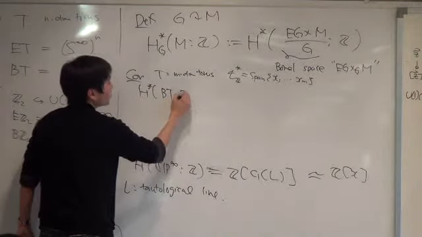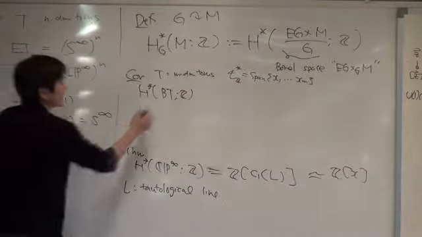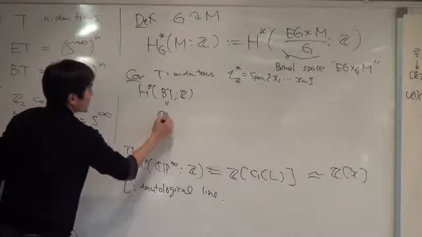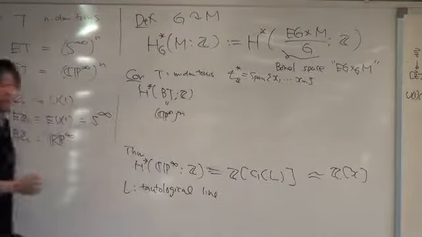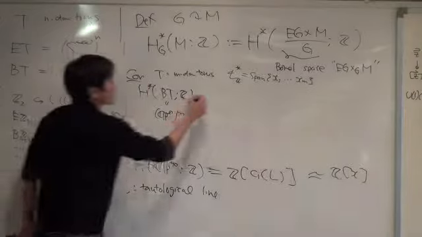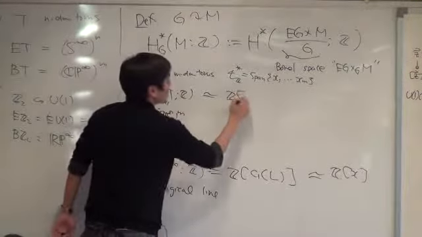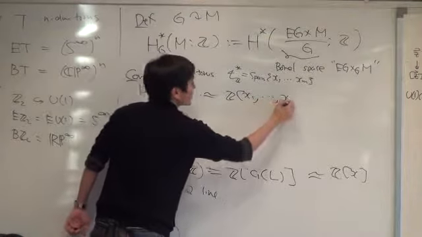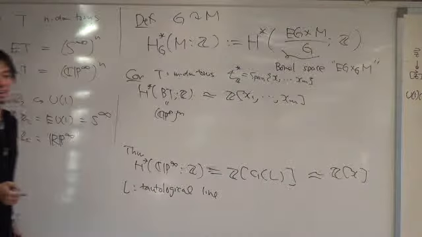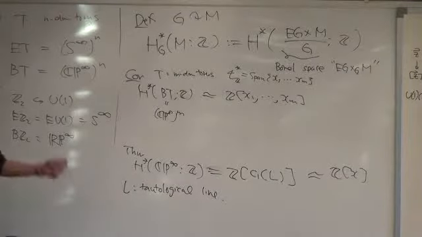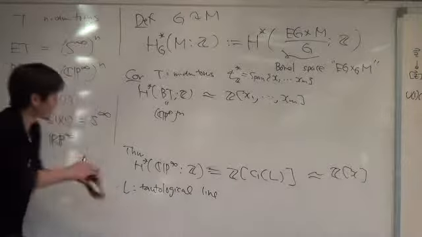Then the cohomology of BT, where BT is now CP infinity to the power of m, has a canonical isomorphism to the polynomial ring in m variables. And the way we associate them is very important.